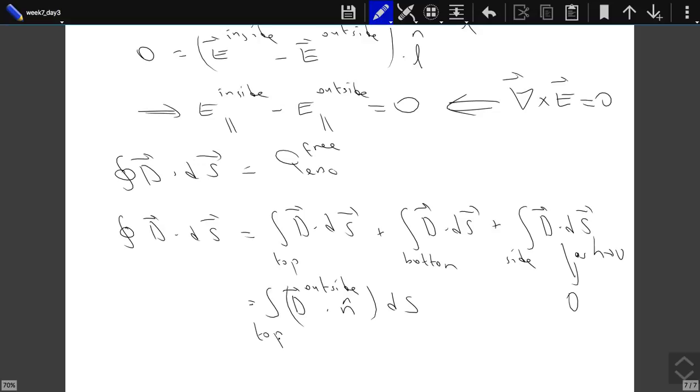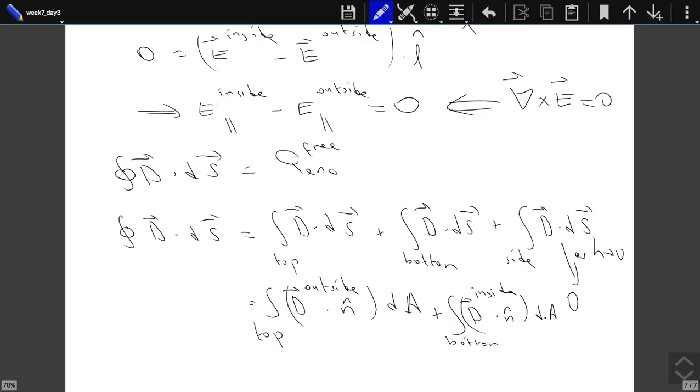Remember, we are evaluating at the top plate, plus the D inside dot n dS at the bottom. Well, I call these A in the above expression.